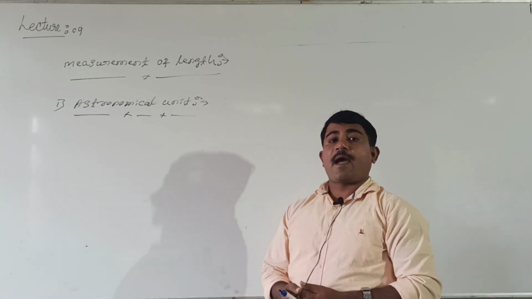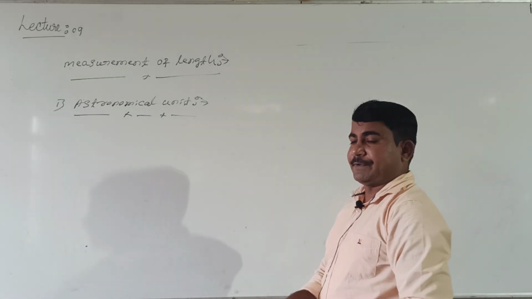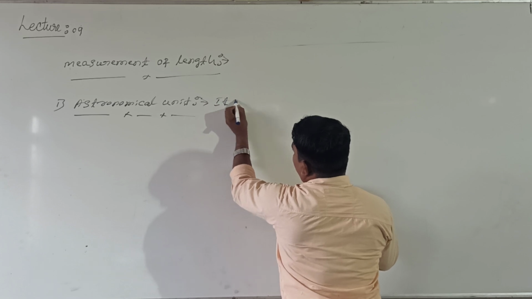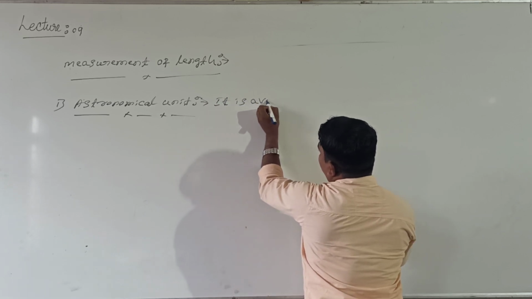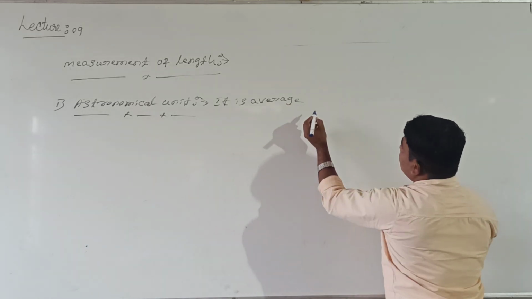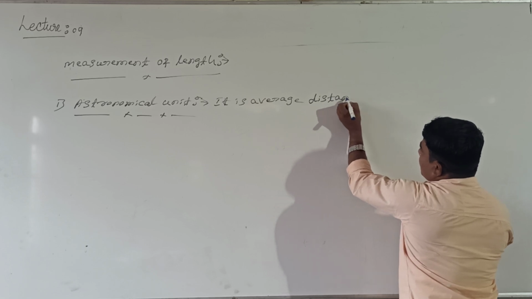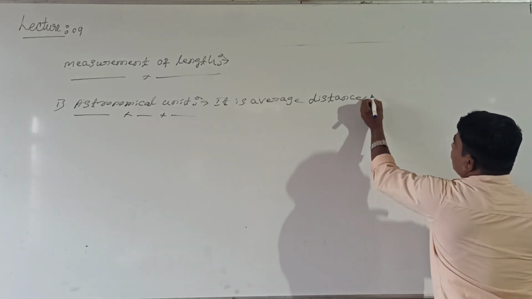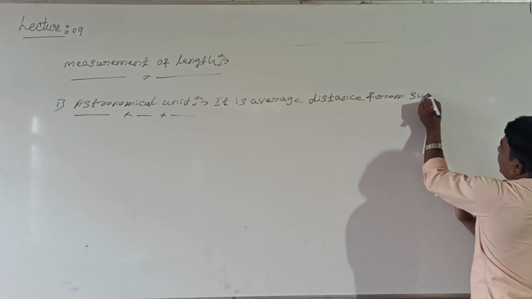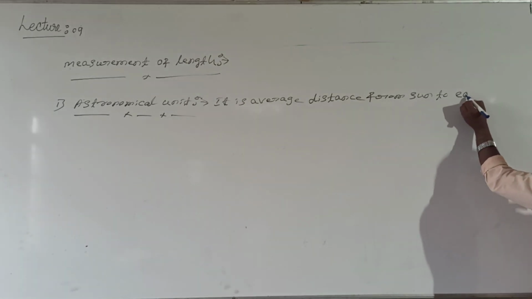This is what we are calling the astronomical unit: the average distance from the Sun to the Earth.